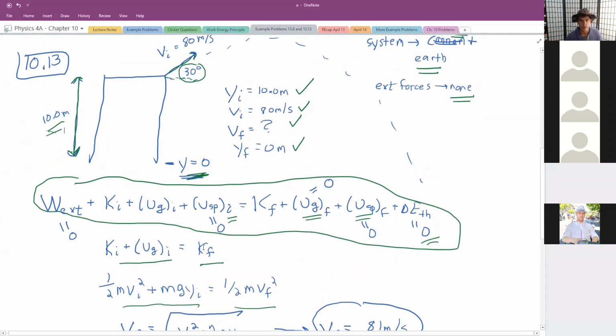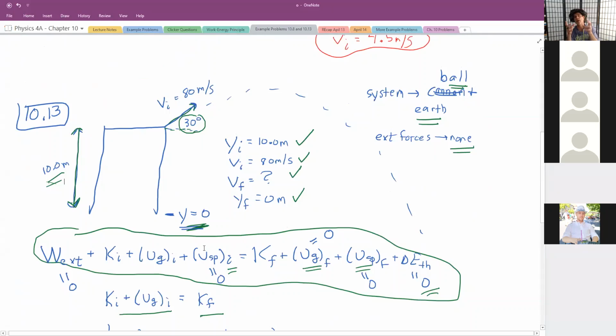What I was showing people in this one is that nowhere in this problem does the angle come into play, because kinetic energy only depends upon speed, not velocity. So if instead of 30 degrees you used 45, 60, or 80 degrees, that would give you the same answer.